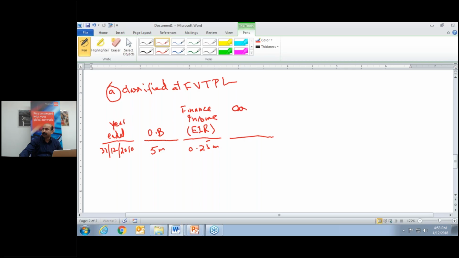And cash received will be calculated by multiplying the coupon rate of interest with the face value, and that is also 5 million. So again, this will give us 0.25 million.